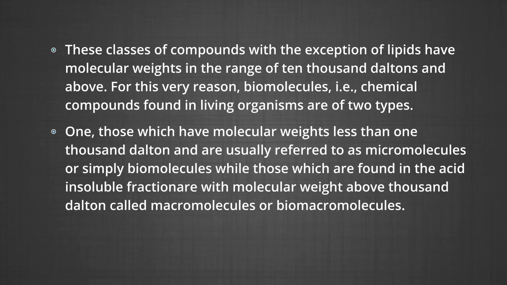One, those which have molecular weight less than 1000 daltons and are usually referred to as micromolecules or simply biomolecules, while those found in the acid insoluble fraction with molecular weight above 10,000 daltons are called biomacromolecules. So, basically two divisions: those with molecular weight less than 1000 or those above 1000.